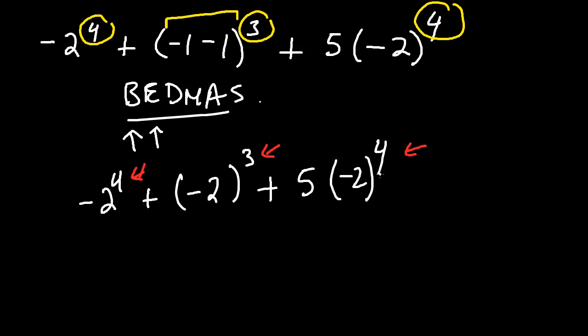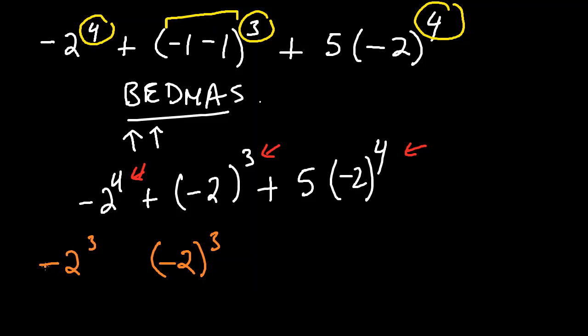Well, before we move on to this problem, I want to demonstrate to you the difference between some of these concepts. For example, let's say we had -2^3. This is different than (-2)^3. Why is it different? Well, in the first case, the exponent 3 is only applied to the 2.